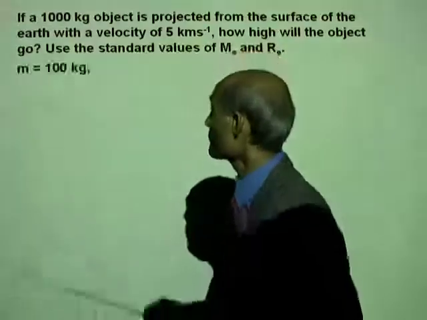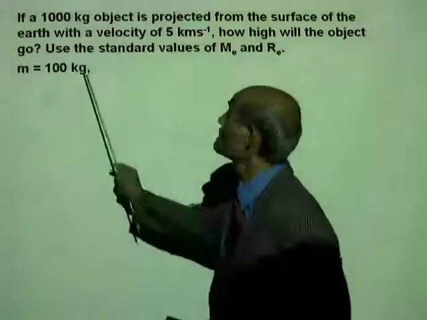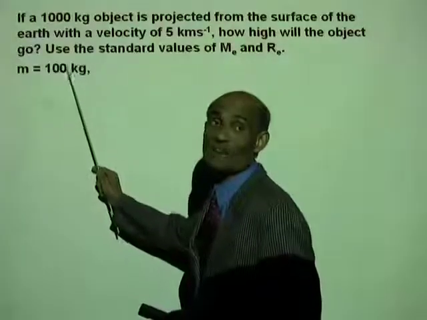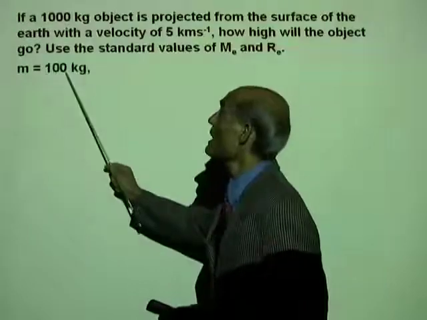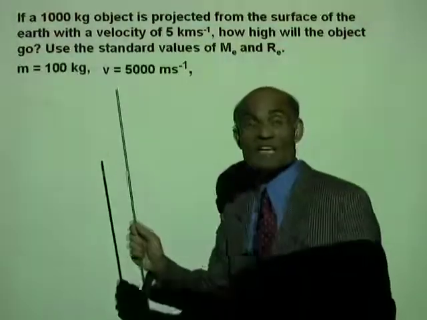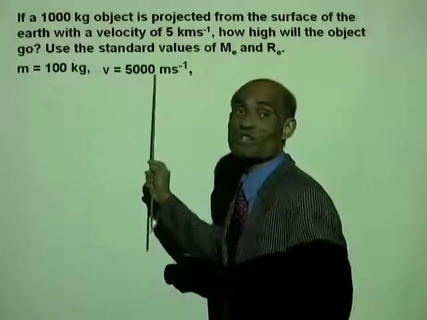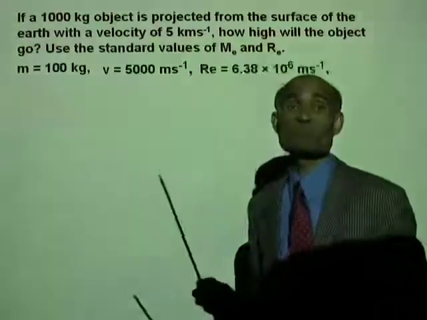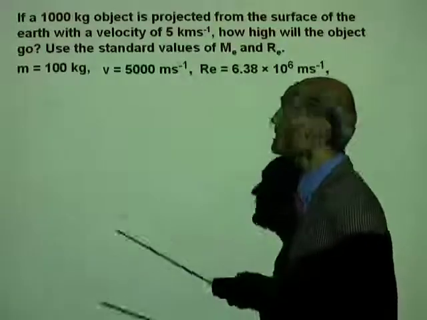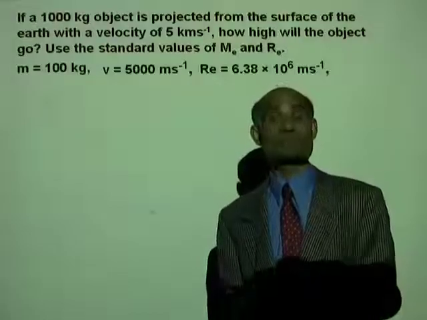Alright, let's do that. The mass of the object is 1000 kilograms. The initial velocity of projection is 5000 meters per second. The radius of the Earth is 6.38 times 10 to the 6 meters.